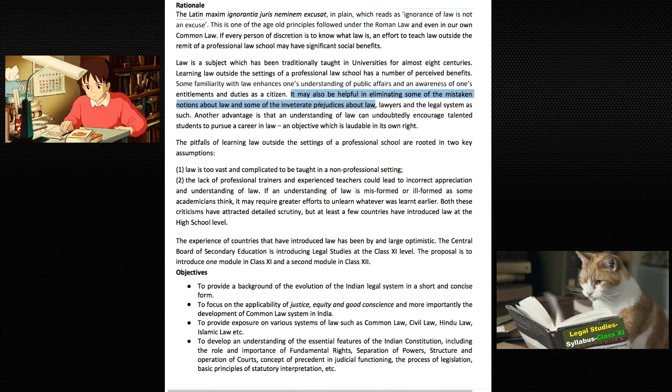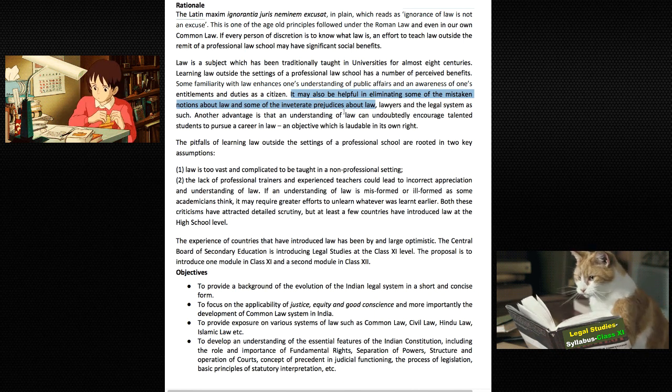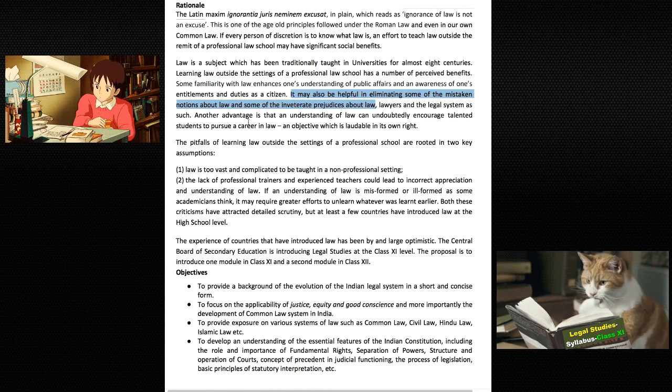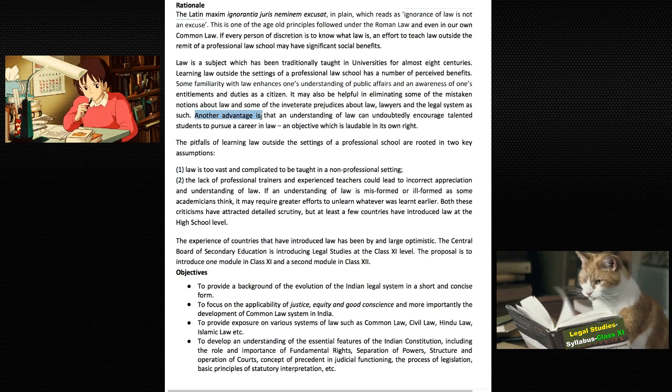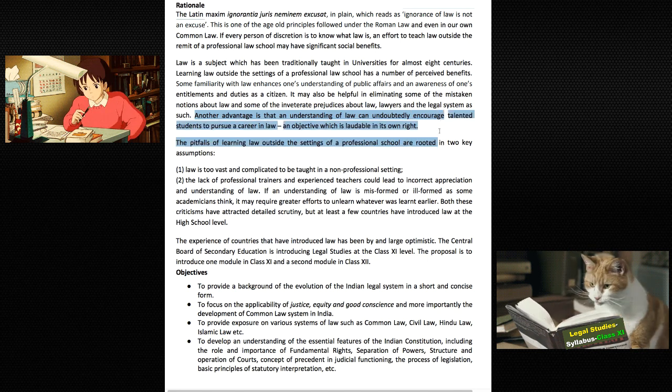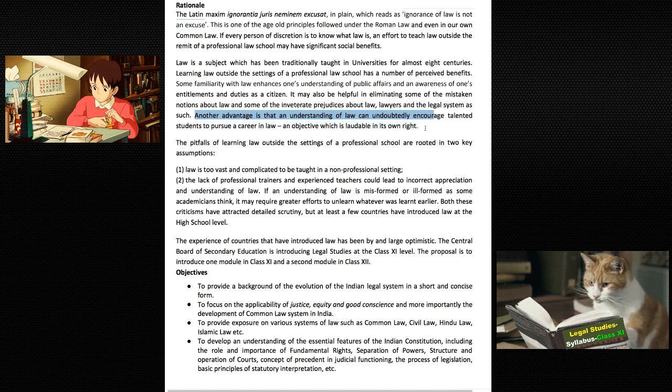So, you will come to know about the concept of law, and whatever misconceptions or mistaken notions you have, you may get rid of them at so early a stage. Another advantage it talks about is that an understanding of law can undoubtedly encourage talented students to pursue a career in law.